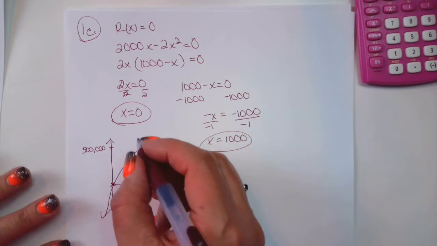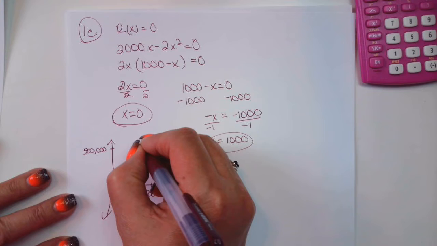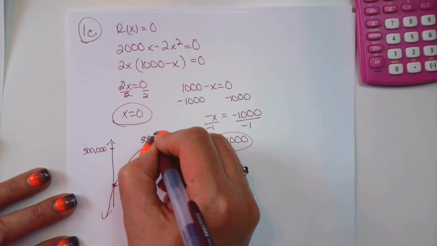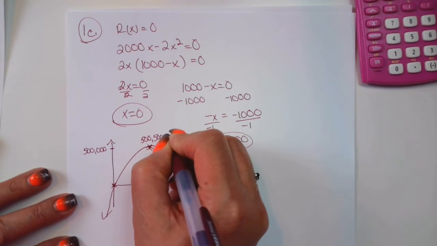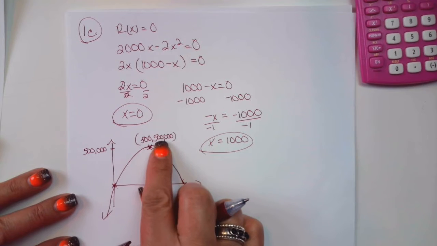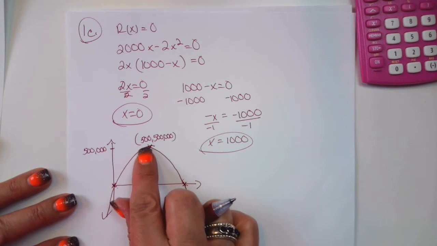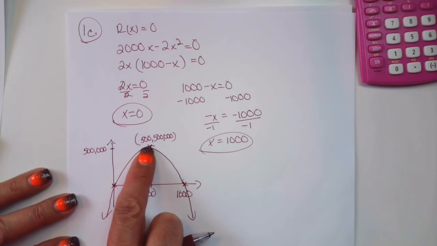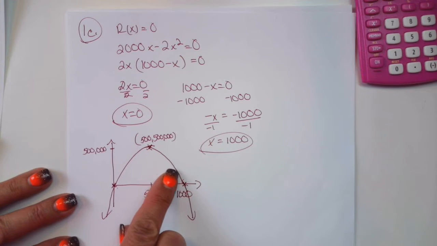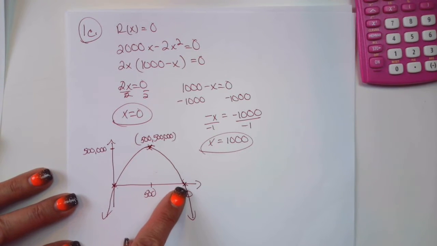So what does that mean for the revenue? So for the revenue, this here is where the revenue is at its max. So when we go beyond 500, the revenue keeps dropping, and after 1000 it's negative.